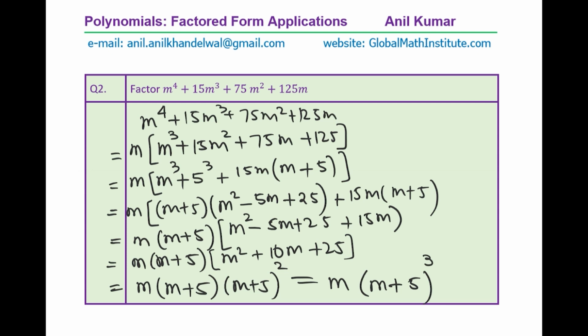Now it remains up to you to sketch this. Let us say y equals all this. So let us make a sketch. I'll make a rough sketch here. So we have a quartic equation. There are two zeros, one at 0 itself, and the other one at minus 5. The zero at minus 5 is cubic in nature. Do you see that?